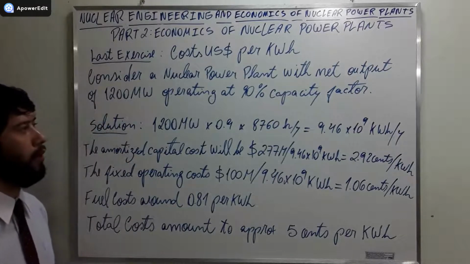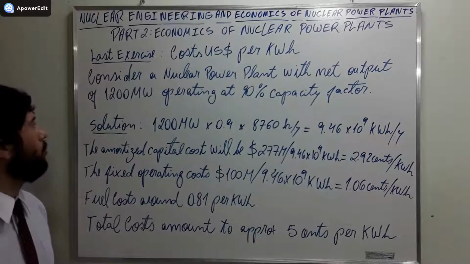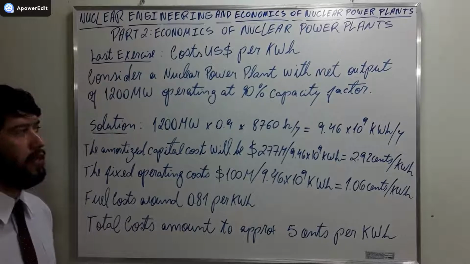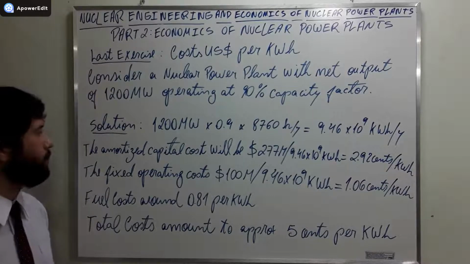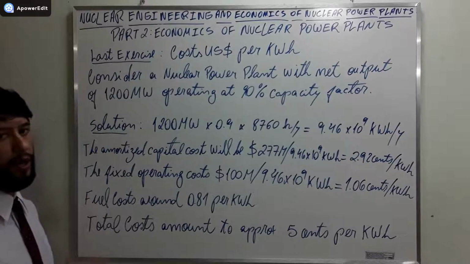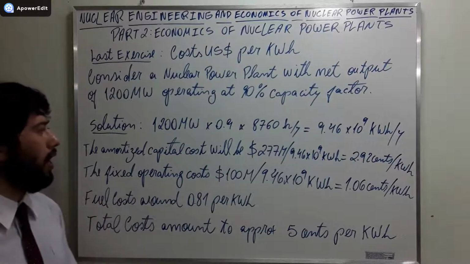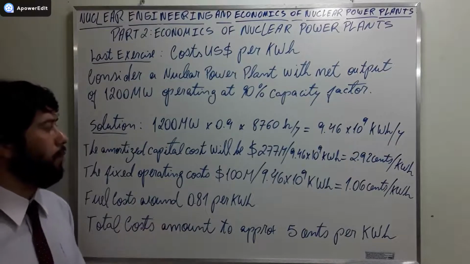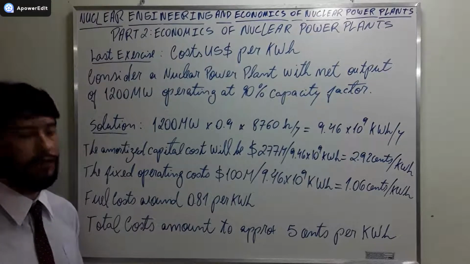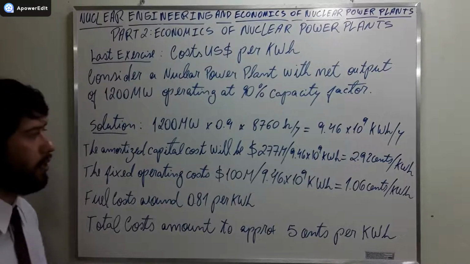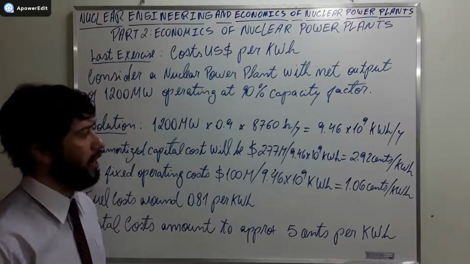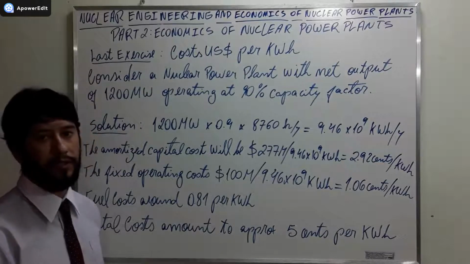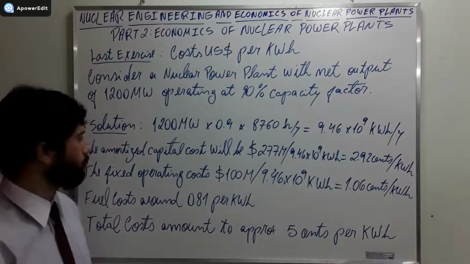Consider a nuclear power plant with net output of 1200 megawatts operating at a 90% capacity factor. We're going to multiply 1200 megawatts by 0.9 and 8,760 hours per year. And this gives 9.46 times 10 to the 9th kilowatts hour per year.